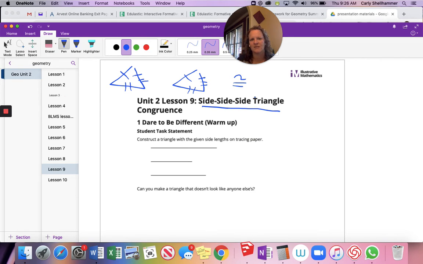Construct a triangle with the given side lengths on tracing paper. We can't. I would love to say that we had some spaghetti noodles in our classroom, these sizes, and we could put them together, but we don't. Here we are doing a little bit of video learning.